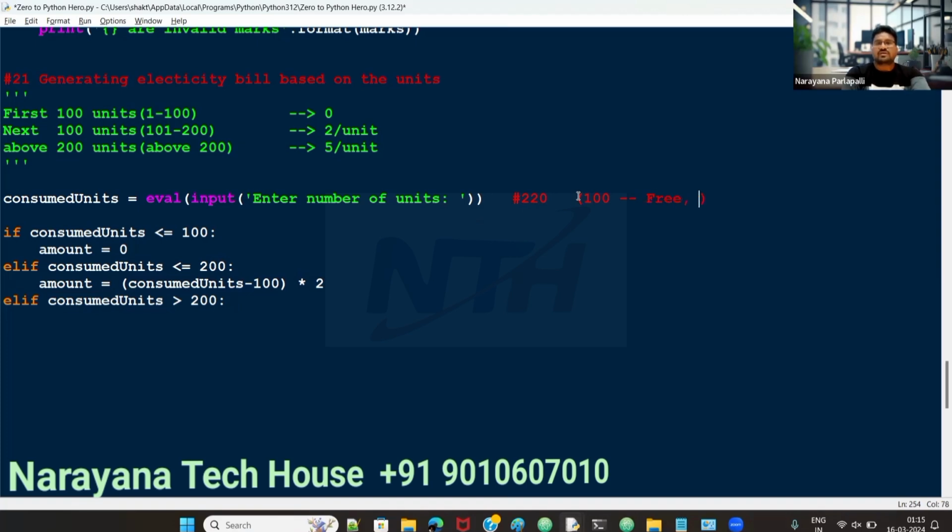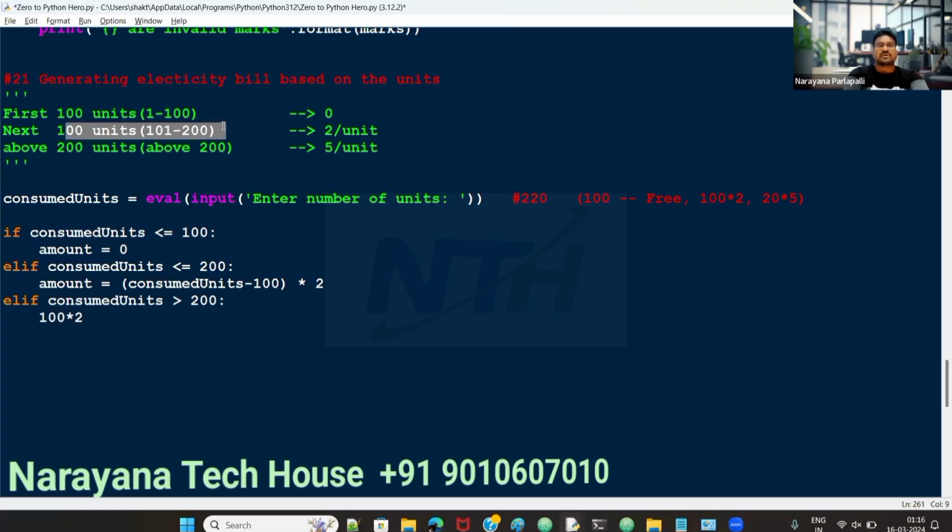So 100 is free, next 100 into 2, and the remaining is 20. For the 20 we take 5 rupees. So 100 free, 100 into 2, and then 20 into 5 rupees.